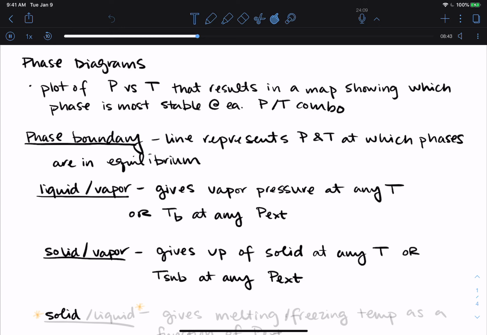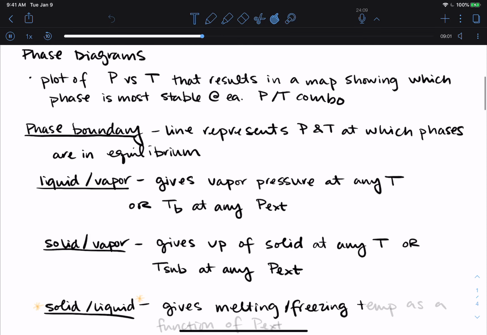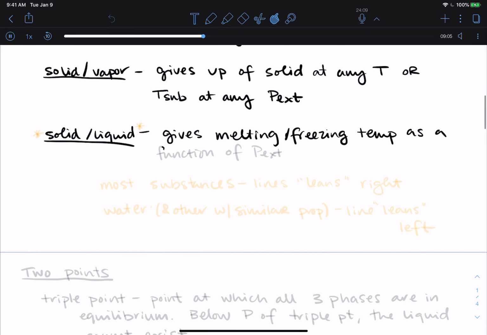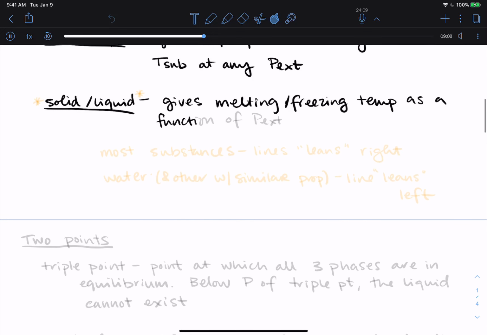Liquid. This gives the melting/freezing temperature as a function of P external.